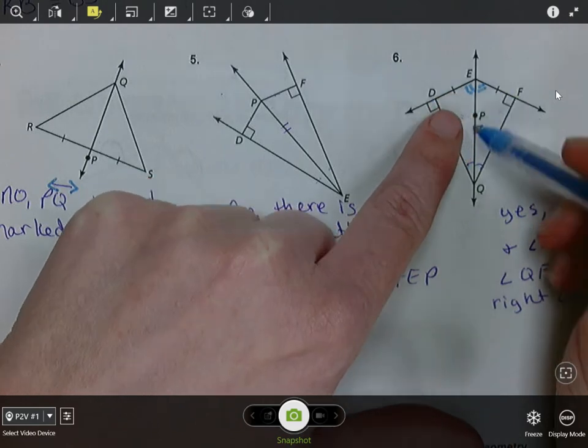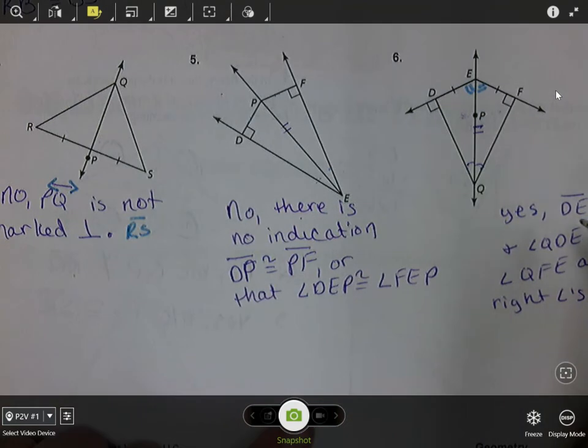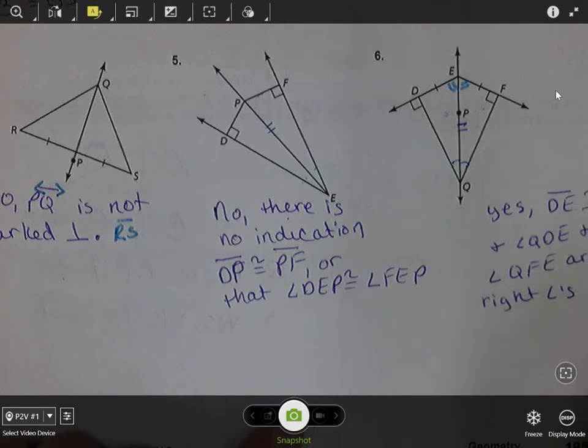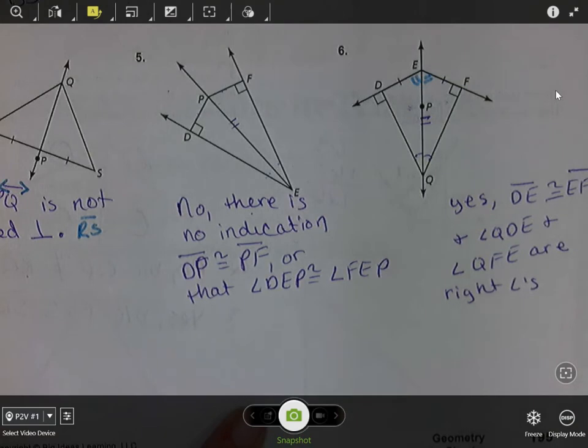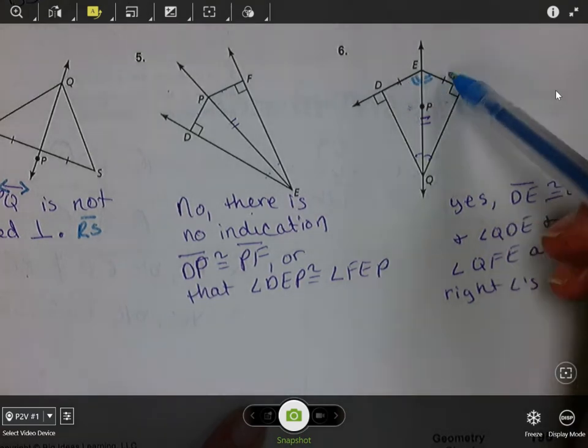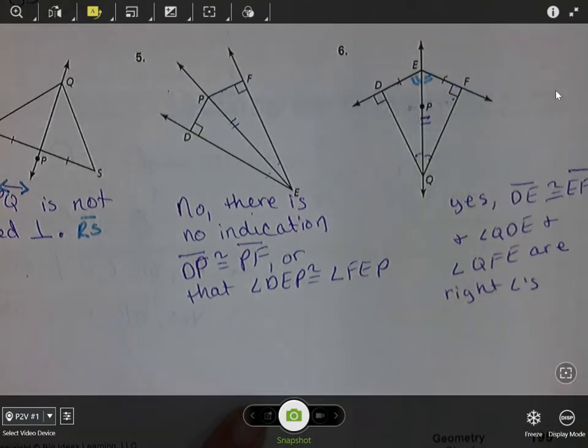So therefore, this would be an angle bisector. But I just put yes, DE is congruent to EF, and angle QDE and angle QFE are right angles. Okay. So that was how I put it, just because these two are marked congruent and you have right angles. So that makes it the angle bisector.